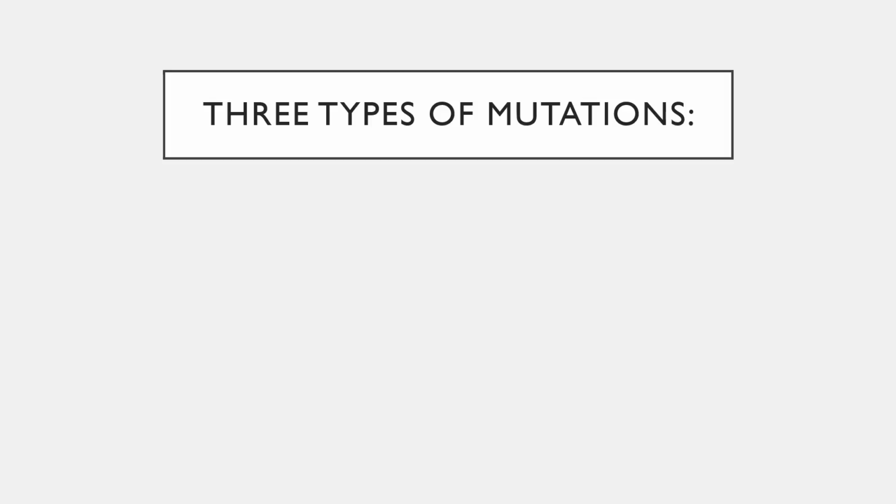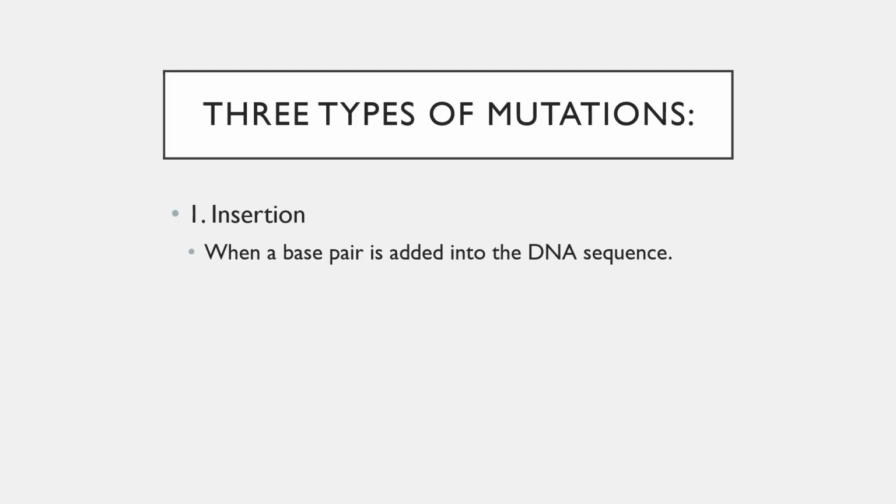The second type of mutation that we're going to talk about is called insertion. Number 2 on your worksheet for mutations should be insertion, and that's just when a base pair is added into the DNA sequence. So instead of taking one out, now we're adding a brand new one in that's not supposed to be there.